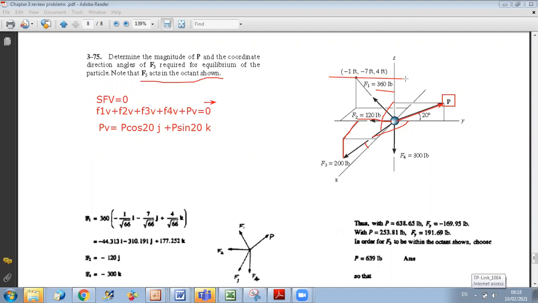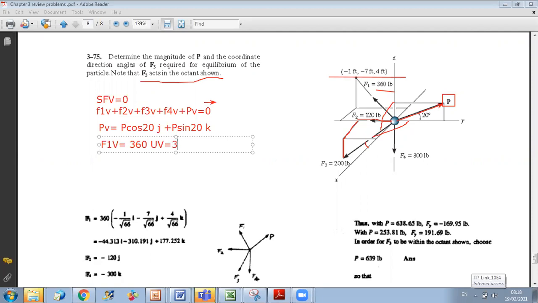So what method should I use to find the F1 vector? F1 multiplied by the unit vector. Exactly. I should use the unit vector. So I will say that the F1 vector is equal to the F1 magnitude, which is 360, times the unit vector of F1. The coordinates of the vector are minus 1i, minus 7j, plus 4k over the magnitude.